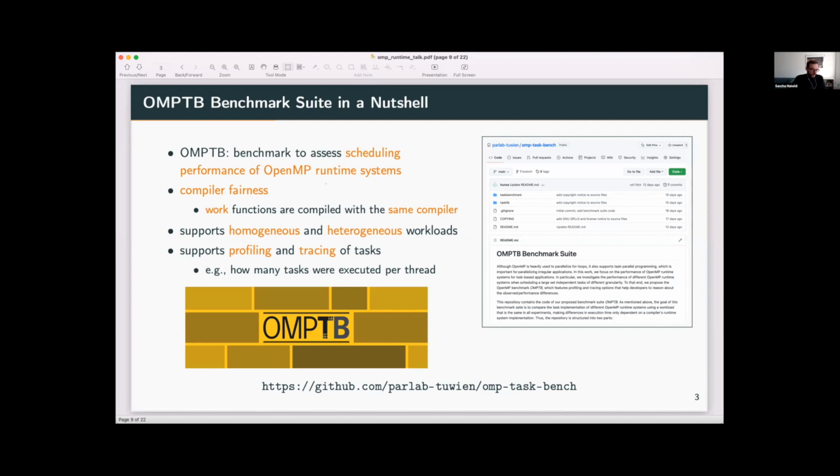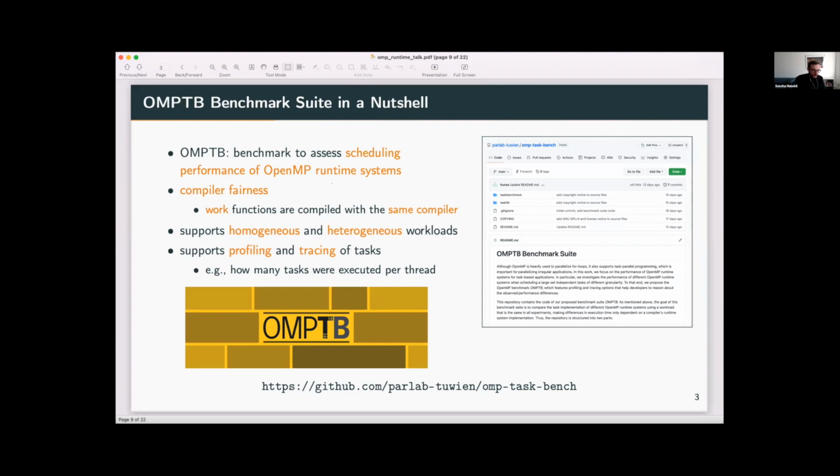So the work that is done by each task is compiled with the same compiler, but the rest of the program, the benchmark itself, is then compiled against the actual assessed compiler. So the instructions that each function is doing are the same, but they are executed by a different runtime system that depends on the actual compiler.